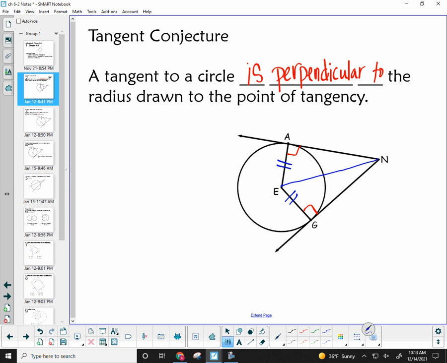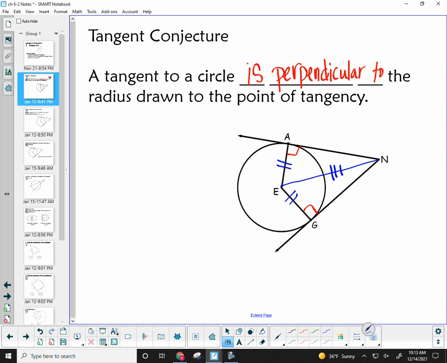Right? Okay, so I need another part. Same segment, right? EN is congruent to itself. Okay, but I have an angle side side. Is that okay? It's really hypotenuse leg, good, because it's a right angle, right?